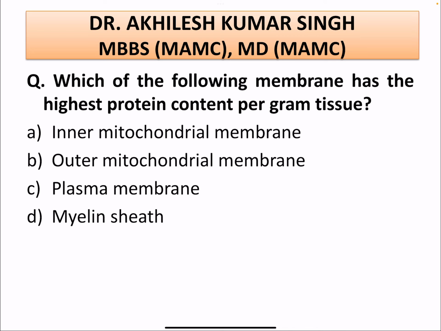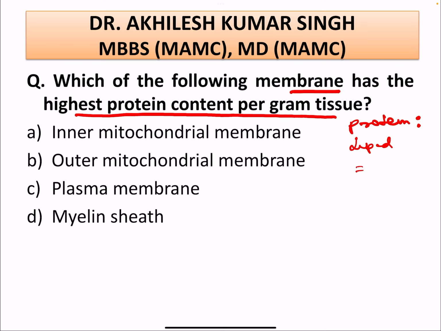Which of the following membrane has highest protein content per gram tissue? So now here in the previous question I told you that the protein compound and the lipid compound, they are in the ratio of 1:1 in the cell membrane.